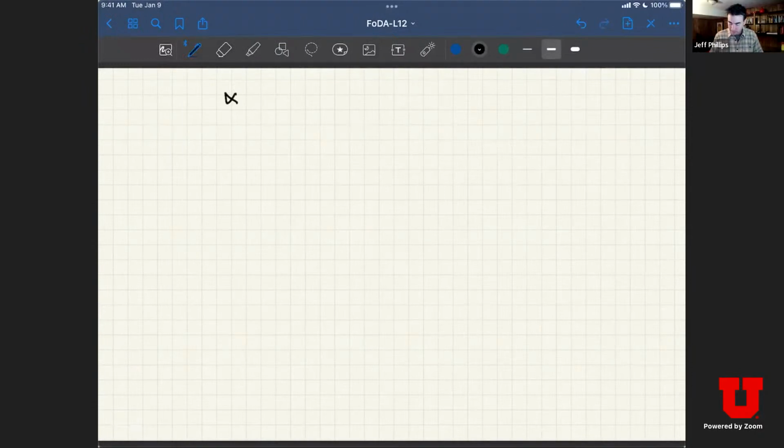Alpha star, the optimal choice of alpha, is x tilde transpose x tilde, inverse, times x tilde transpose y. Okay, so let's break down what this is actually doing.